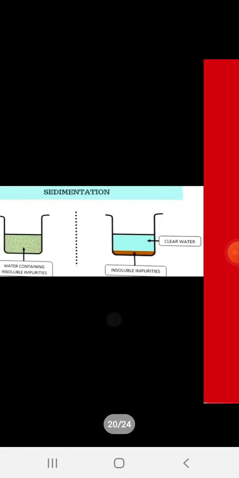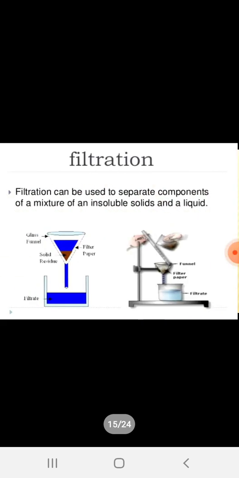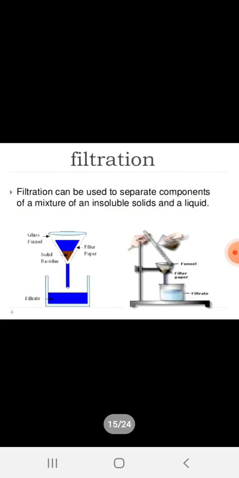Next, after decantation you get the water. That water is not clear, it still contains some mud particles. So as to obtain clear water, we opted for the filtration method. Filtration can be used to separate components of a mixture of an insoluble solid as well as liquid.